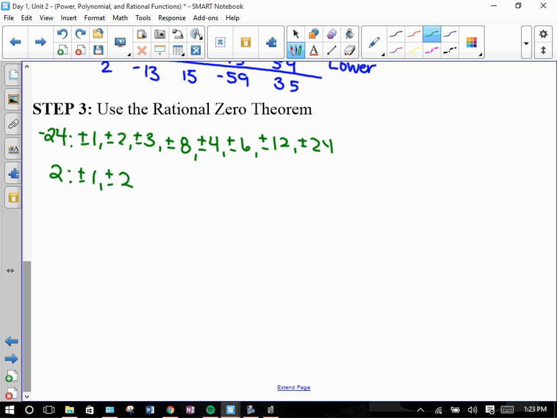Now what do we do after we get these numbers? Not yet. We've got to divide by 2. So we're going to have all those.